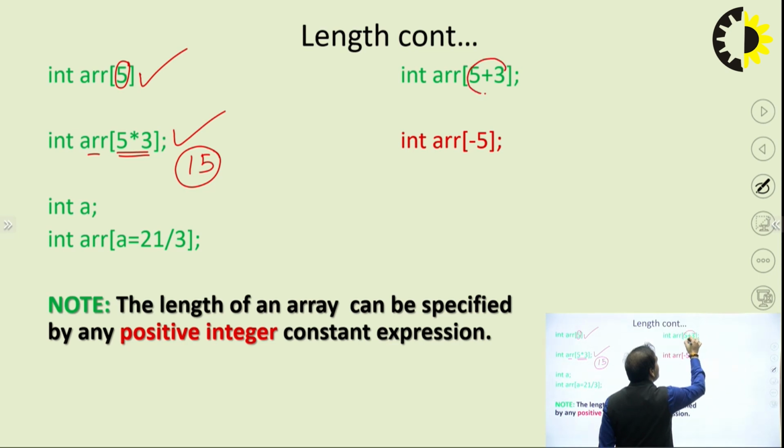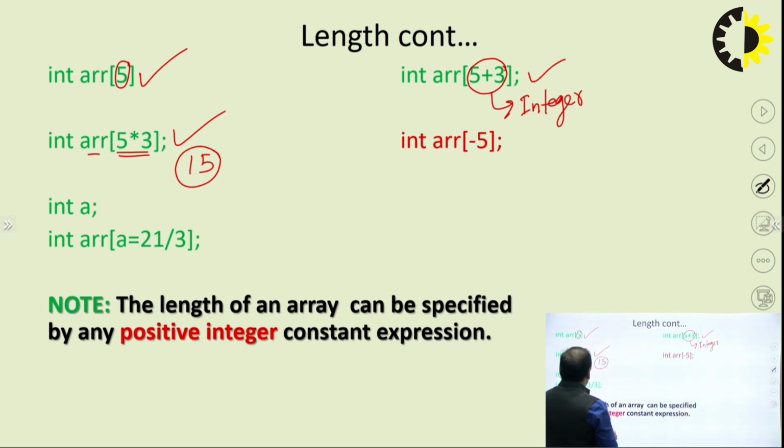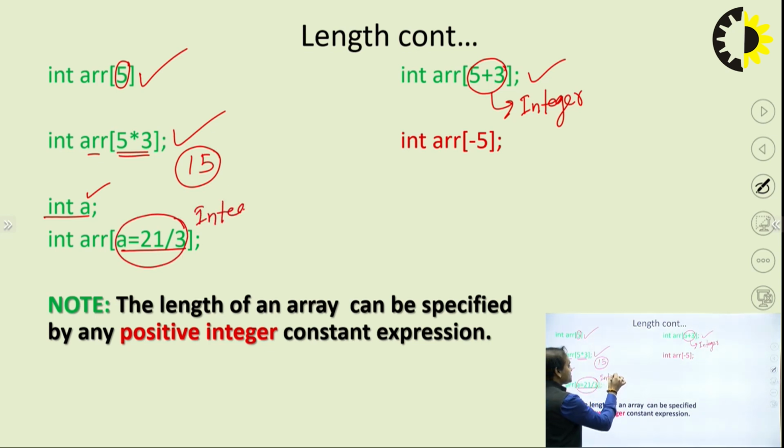This is an arithmetic expression and its value is integer type, so it is also correct. Here we declare int a, where a is a variable, and a equal to 21/3. This value is also an integer, hence the given declaration is also correct.